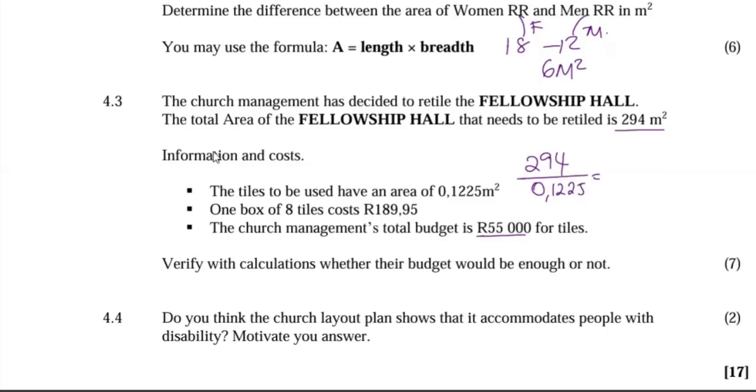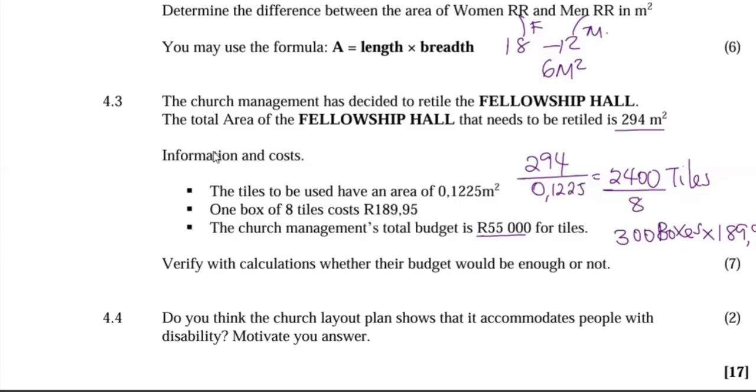What answer do you get? The answer that we have there is 2,400. So these are the number of tiles that we need. But these tiles are going to be packed in boxes of 8. So we shall divide this by 8 to know how many boxes. So we end up having 300 boxes, but each costs 189 rands 95 cents.